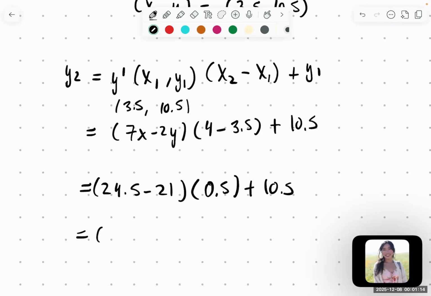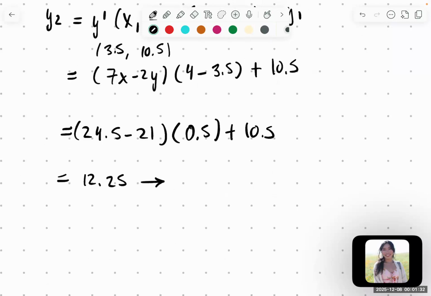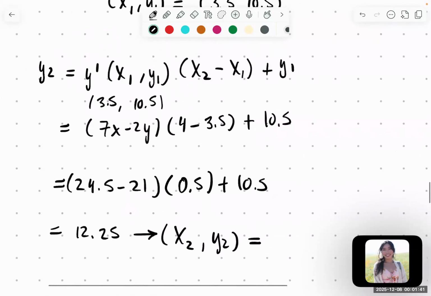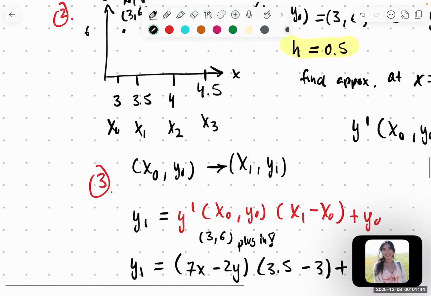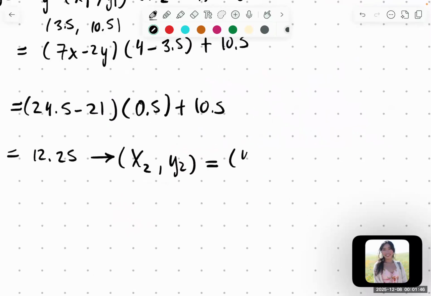And then we're going to reduce this down, and it should be 12.25. So we get our x2, y2 is going to be, you go up here, x2 is 4, dash 12.25.